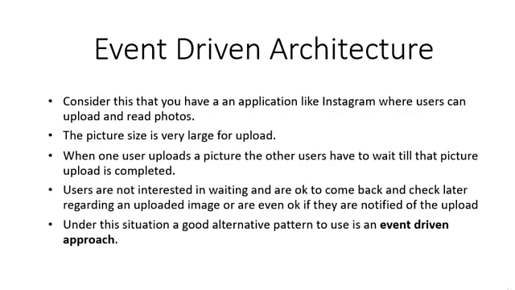Then when an upload happens, you can pump this upload request into a message queue, like an Apache Kafka queue, or some other messaging queue; RabbitMQ you can also use. When the message goes into a queue, the client is not held waiting for the server to send the response back. They can start doing some other activity because the message is already sent, and this is an asynchronous model.